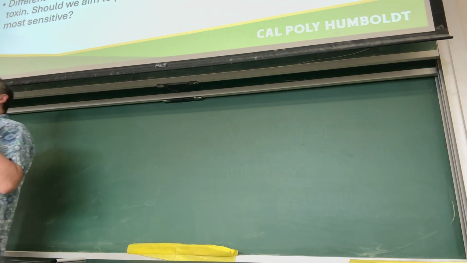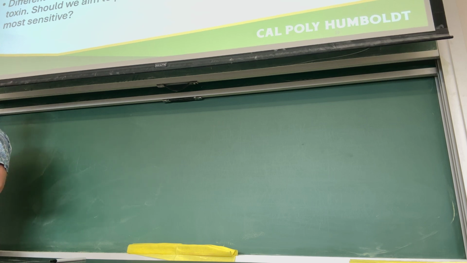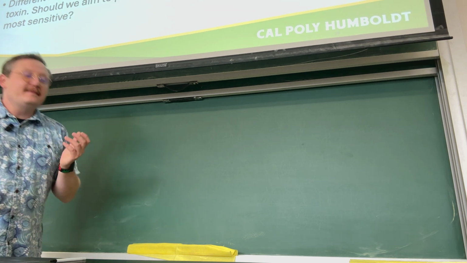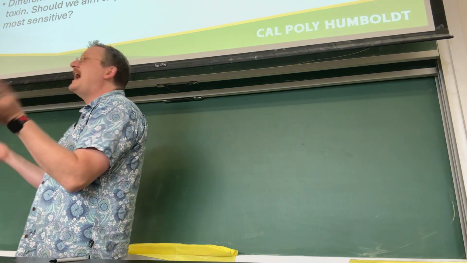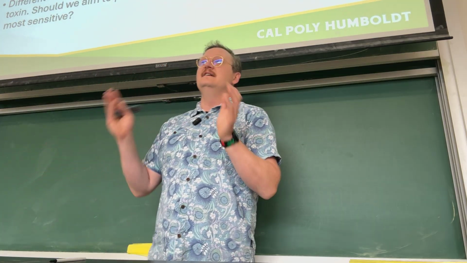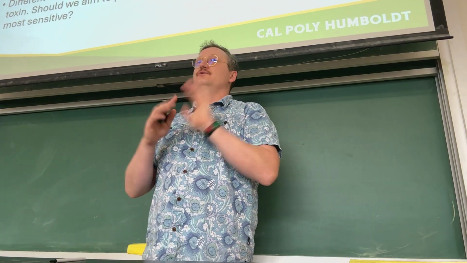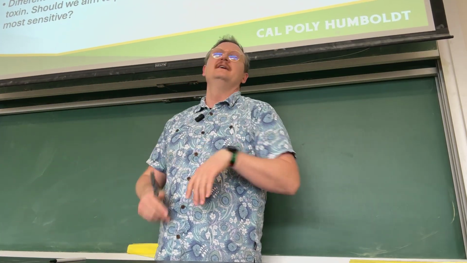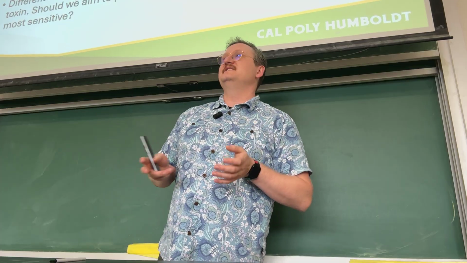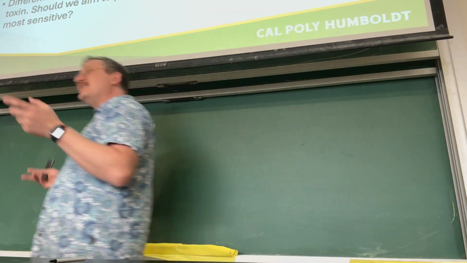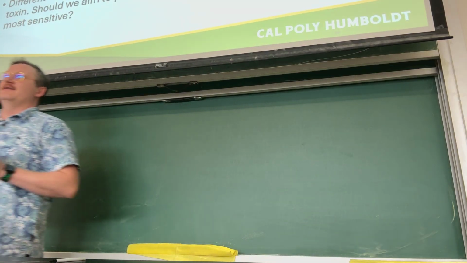Okay, toxicity. Now we got to talk about how we actually measure it. So we can talk about persistence in terms of half-life. How long does it take for half of something to degrade or go away? Sometimes the persistence of a compound varies depending on the environment in which that compound is.